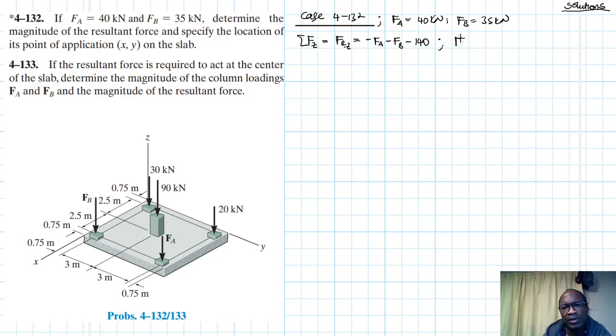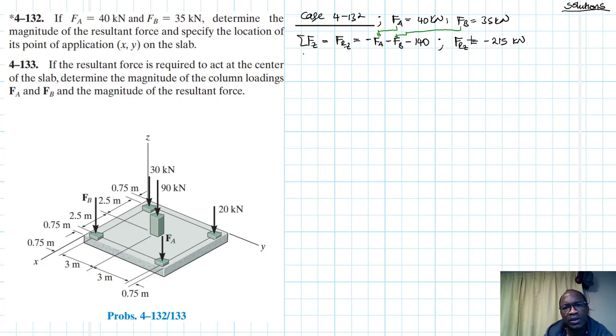And therefore, if we replace the values of Fa and Fb, we find that this gives us a minus, that's 140 plus 40, 180 plus 35, that is 215 kilonewtons, right? Great. So then let's find the summation of moments.